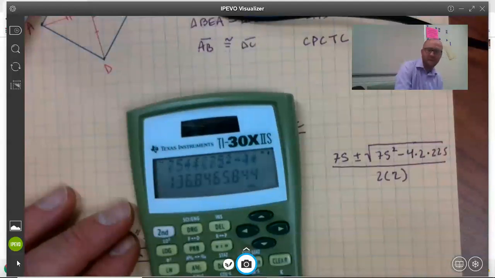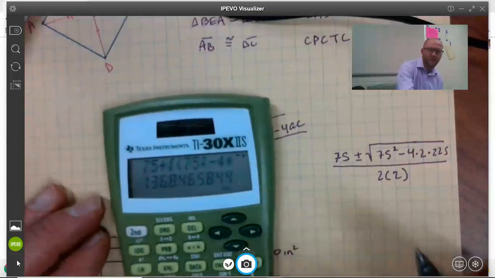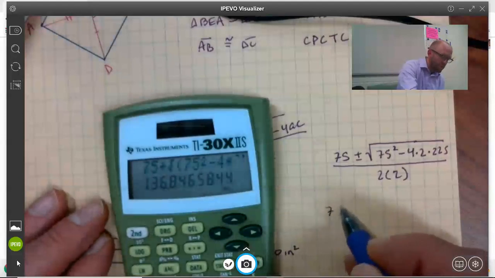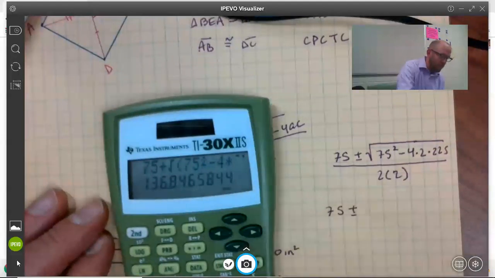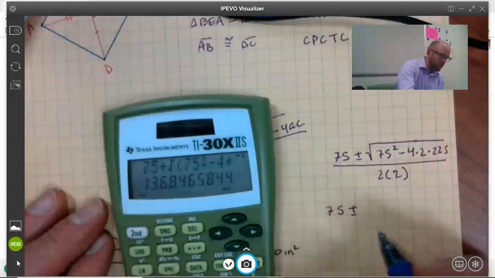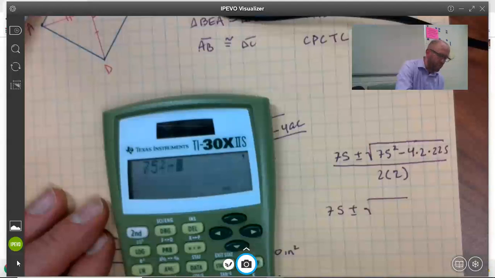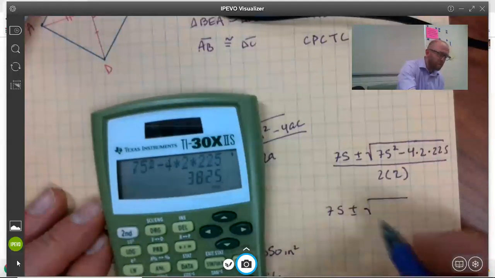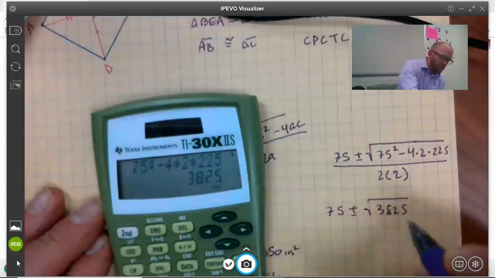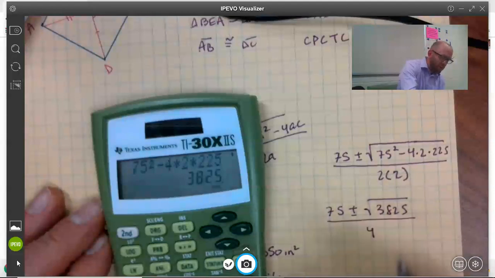And hit enter. Oh, and you know what? I forgot, this is plus or minus. So 75 plus or minus the square root of 75 squared minus 4 times 2 times 225. So it's 3825 over 4.